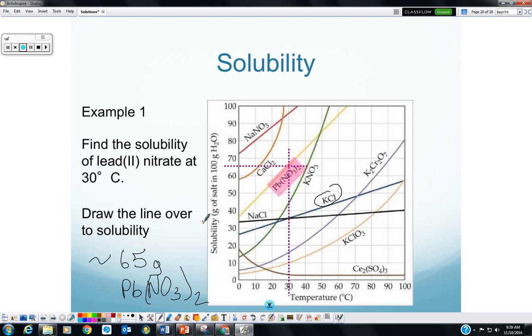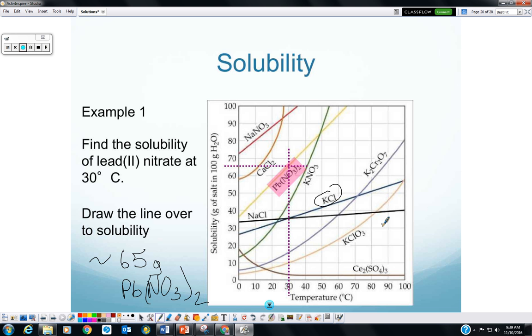At what temperature could we dissolve 50 grams of potassium chloride? All right, so we go across right here at the 50 line, and we see that it is right around 80 degrees Celsius.